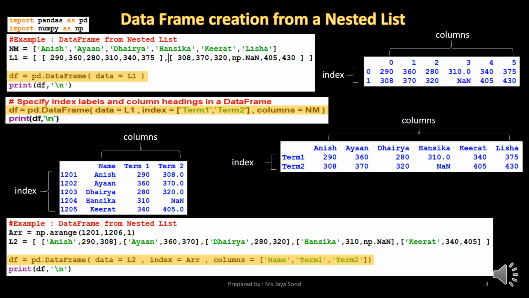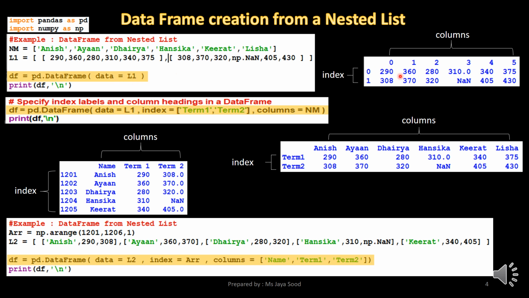In this example, we will create a data frame from a nested list. NM is a single list of names, but L1 is a nested list. Each element of this nested list L1 is again a list. df is a data frame object which is created by invoking the constructor method with one argument and passing the nested list L1 as the data.